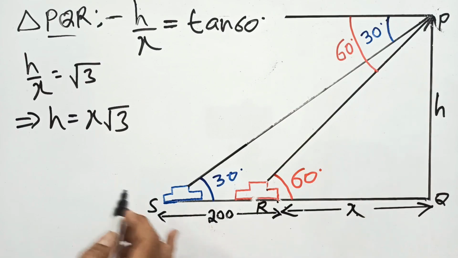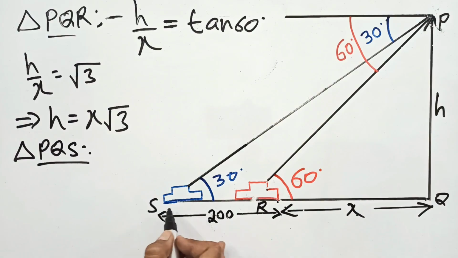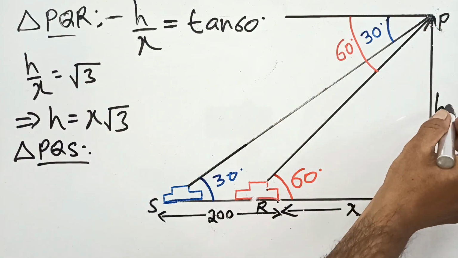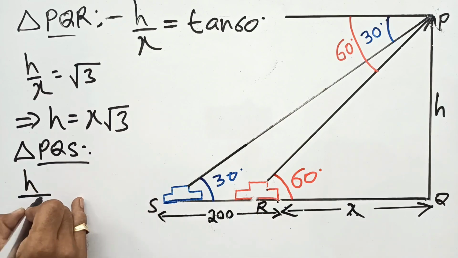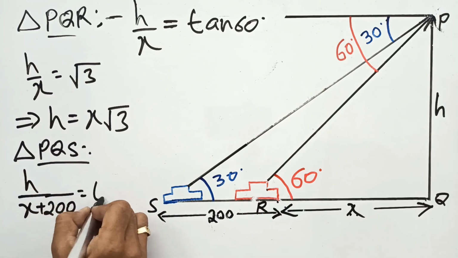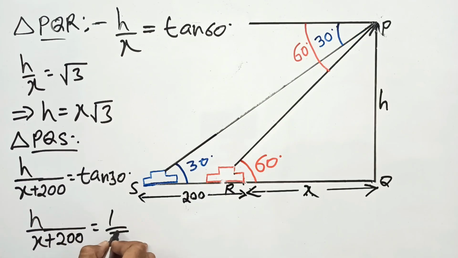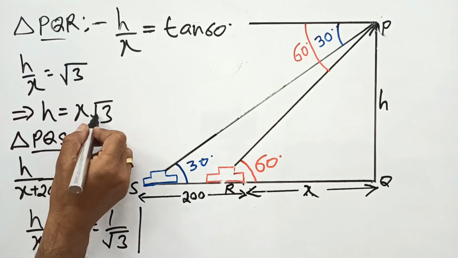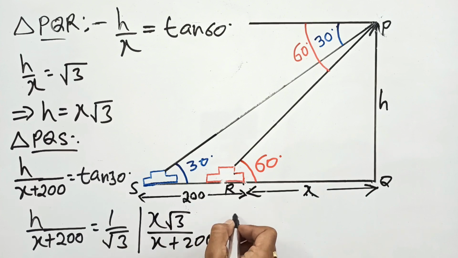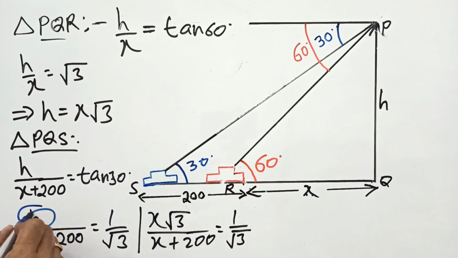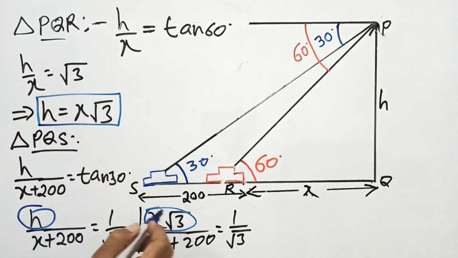Now in triangle PQS, PQ upon QS means h upon x plus 200 is equal to tan 30, which is 1 upon root 3. Now in place of h we can put x root 3, because h is given as x root 3.